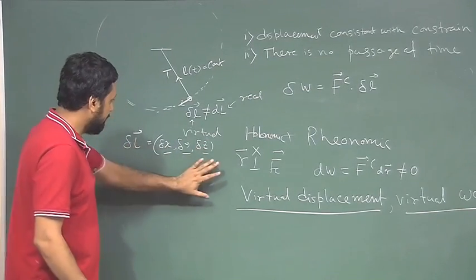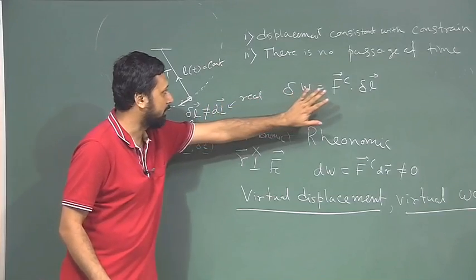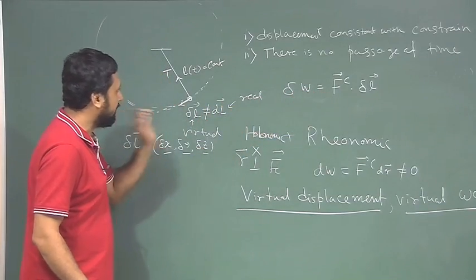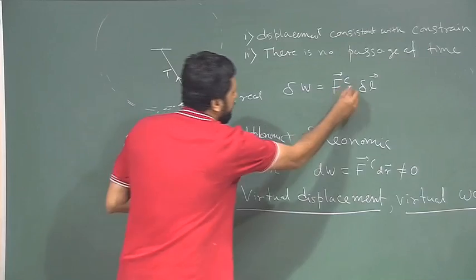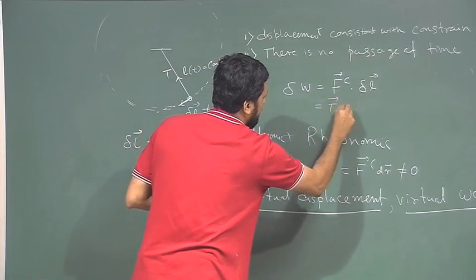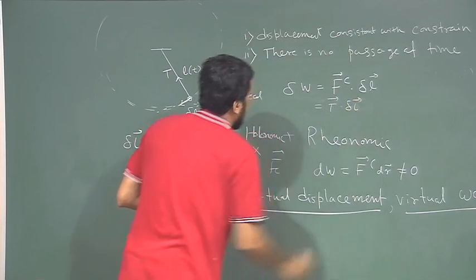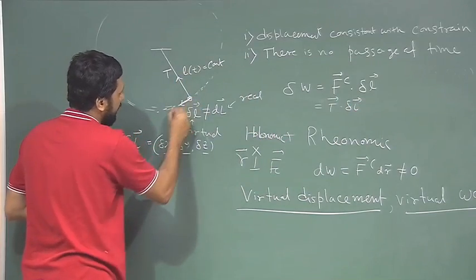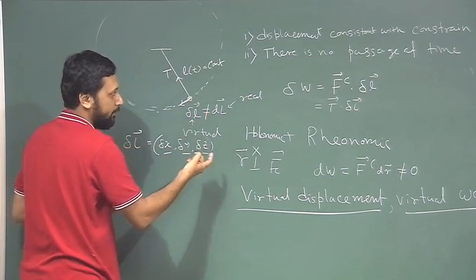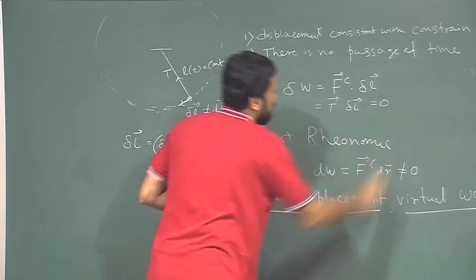But anyway, it is not very important to break the equation here. What we understand directly is that F c is nothing but your tension T, and T is along L, and L and dL are of course perpendicular to each other. So, this is equal to 0.